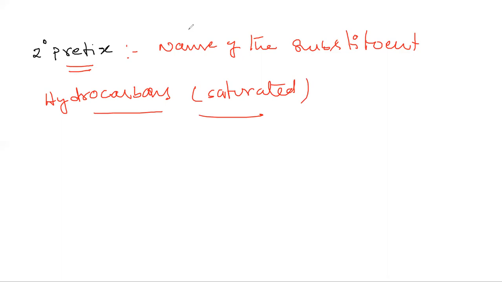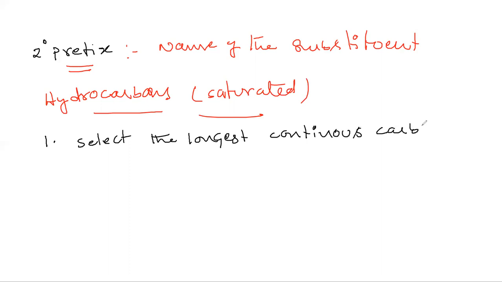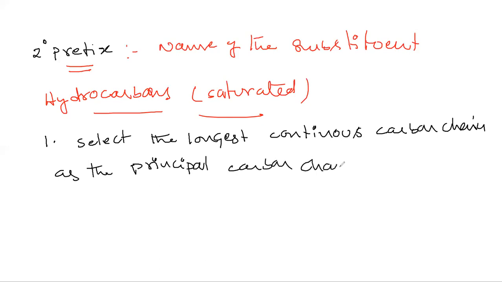The first rule is: select the longest continuous carbon chain as the principal carbon chain.